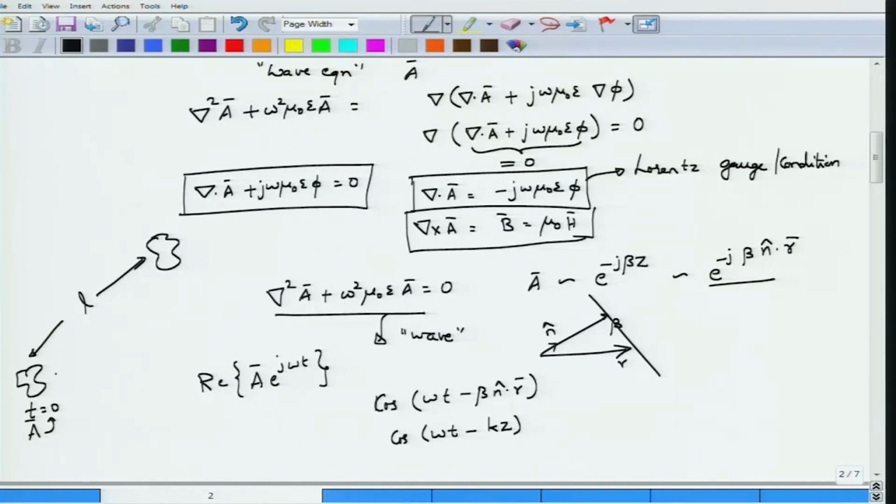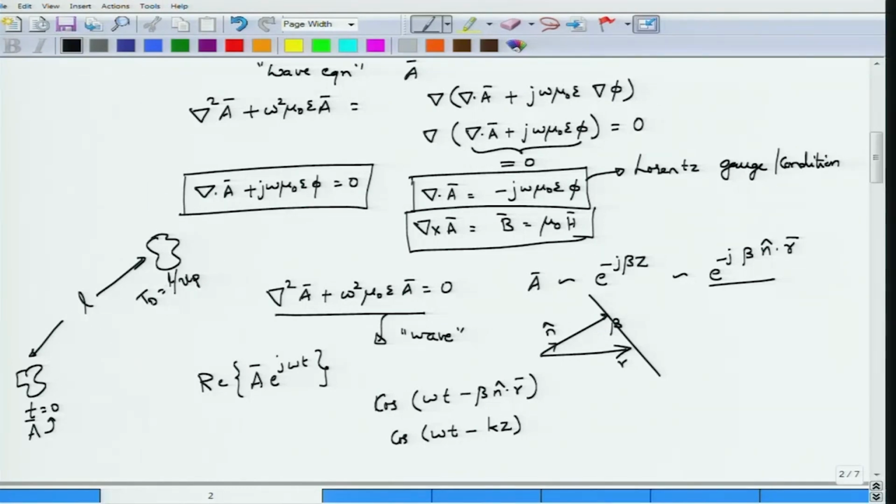I will be able to see it only at L by u p, where u p is the phase velocity for that particular frequency component. It's just a time delay. So there is some amount of time delay that is involved.